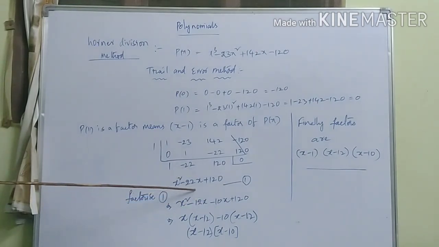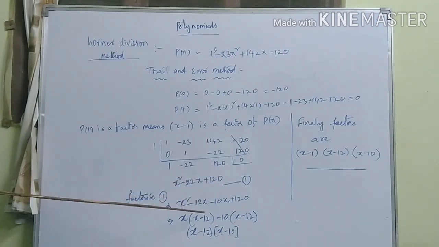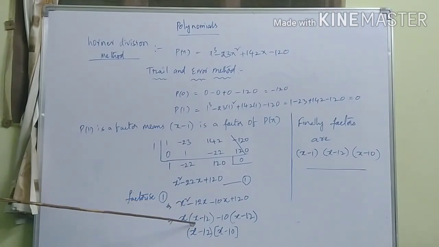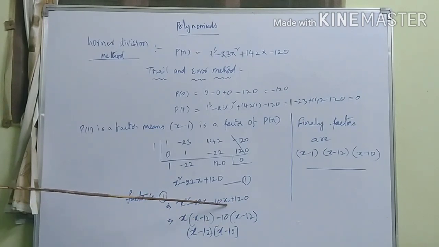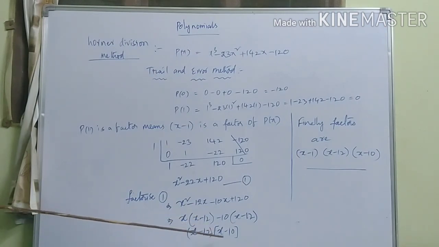The summation is the middle term and the product is that of the extremes. The condition is satisfied. Here in these two terms, x is common, and the remaining term is x minus 12. Here minus 10 is common, and the remaining term is x minus 12. So the entire x minus 12 is common, and the remaining terms are x and minus 10.